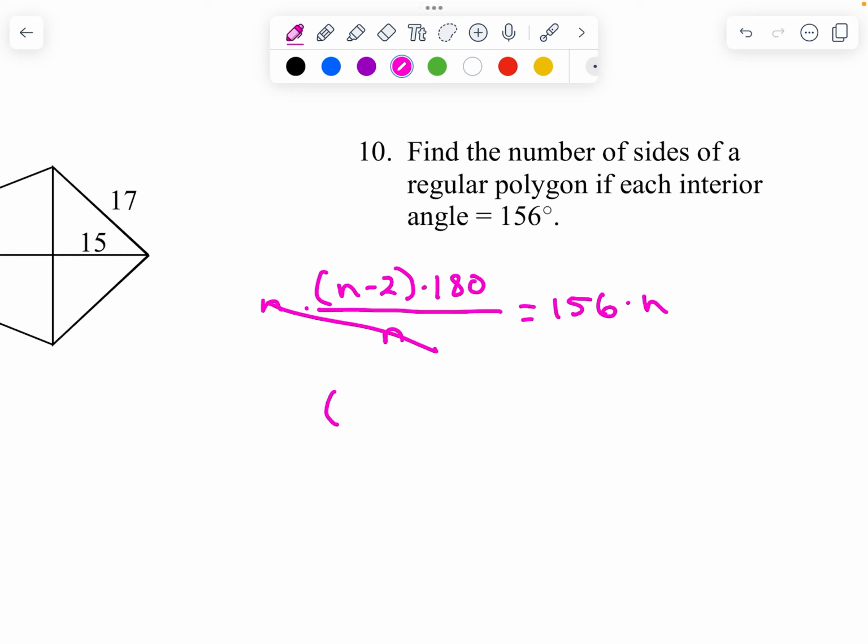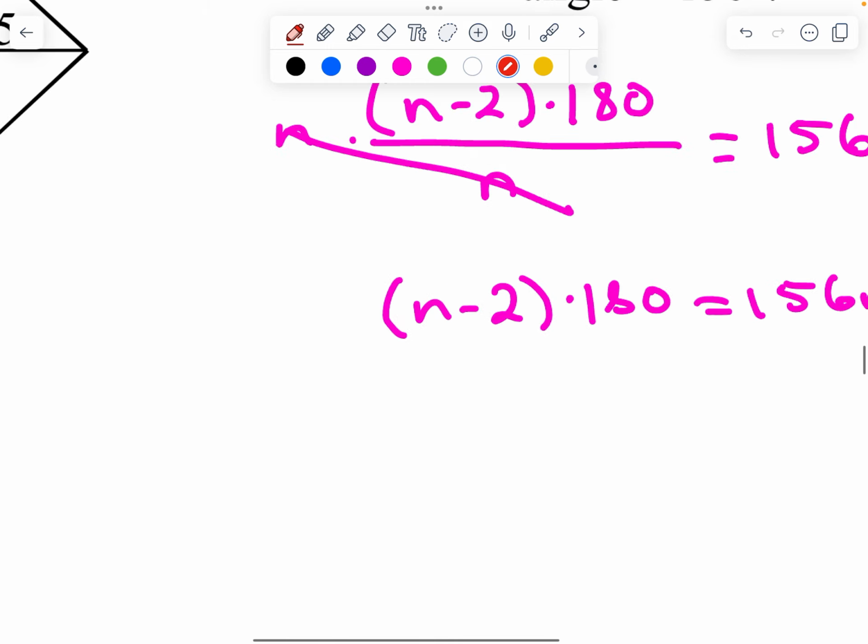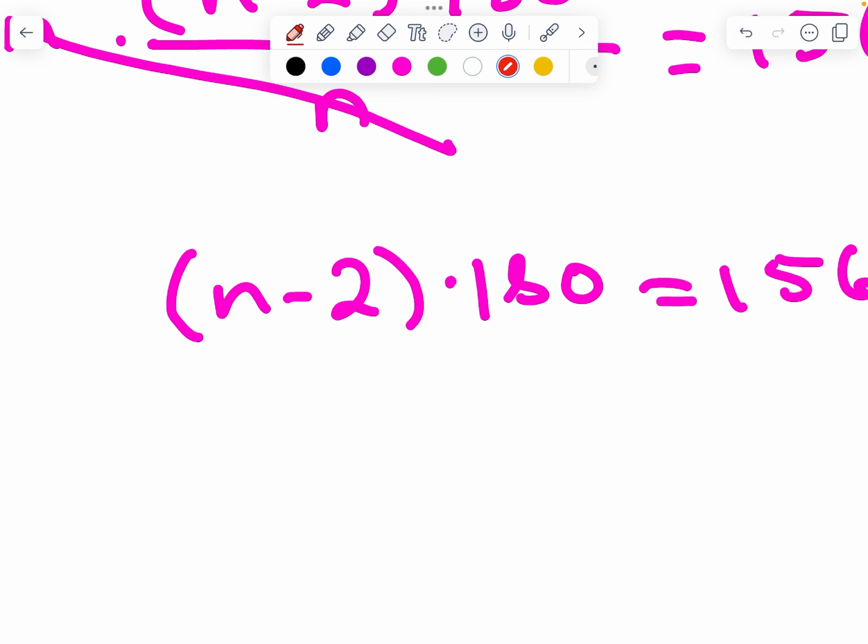So now I have n minus 2 times 180, and that equals 156n. Well, just because this constant, this 180, is on the right side of my parentheses, doesn't mean it acts any differently than if it were over here, right? We can still distribute this into both of these terms.